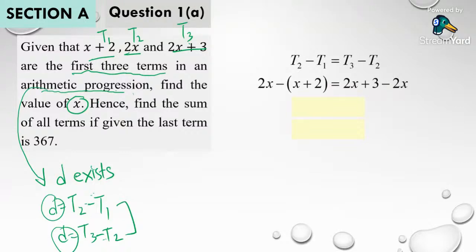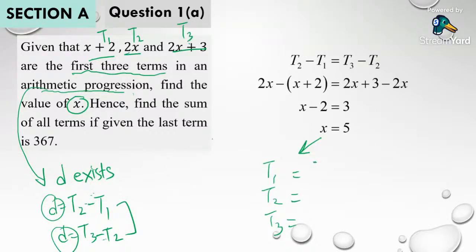Simplify our answer. For the left-hand side, 2x minus x minus 2, I got x minus 2. The right-hand side, I have just constant 3. Simplify, I have x equals to 5. Just a simple calculation. Then by right, after I have this calculation done, it should be clear and easy enough for me to see what is T1, T2, and also T3.